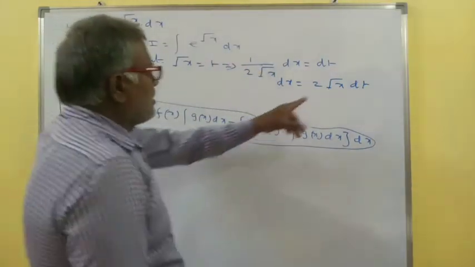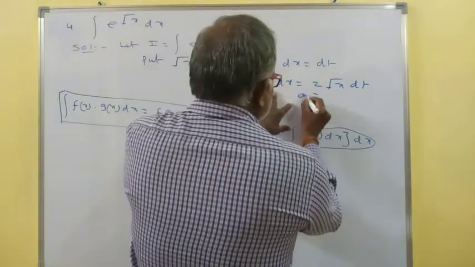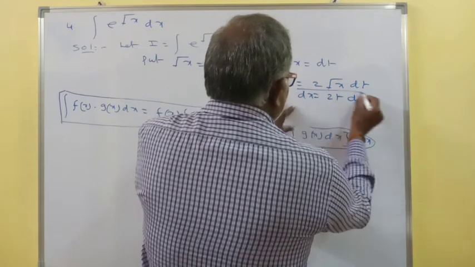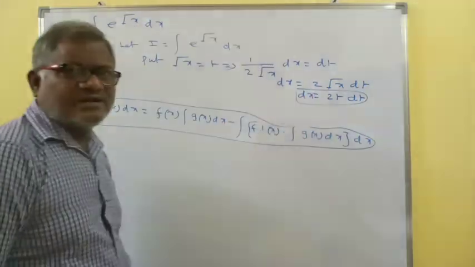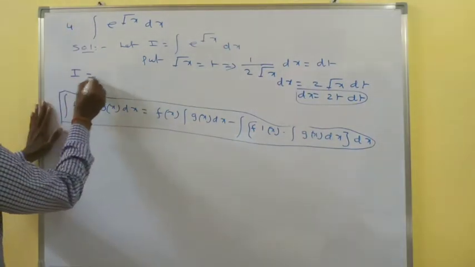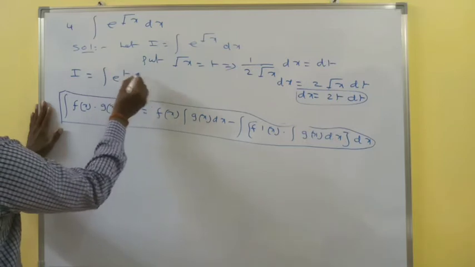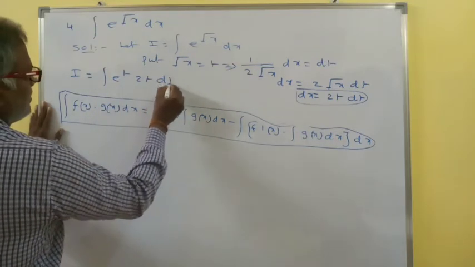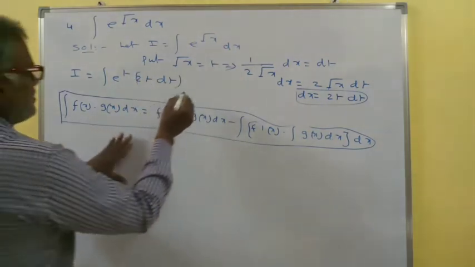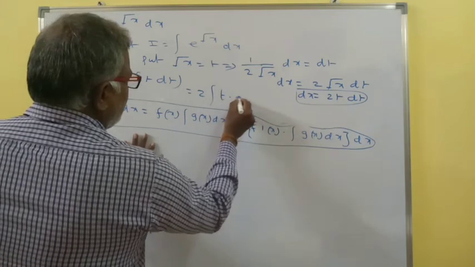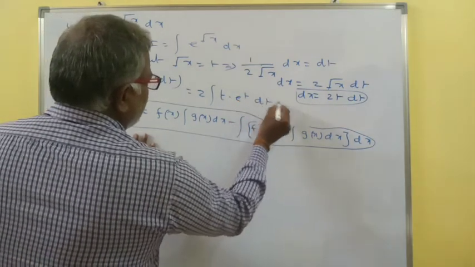Here root x means t. So dx is equal to 2t dt. Therefore, I is equal to integral e power t and dx is equal to 2t dt. So 2 is common. Here, t into e power t dt.